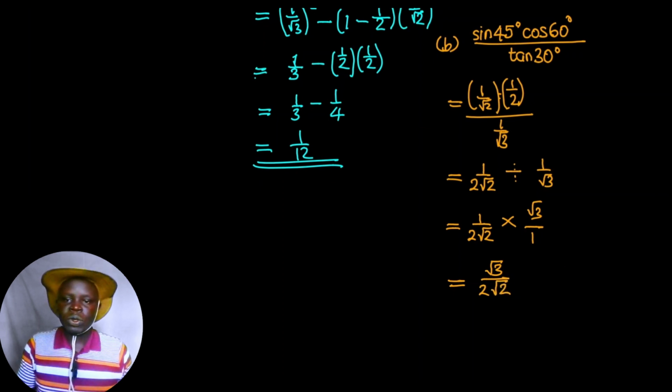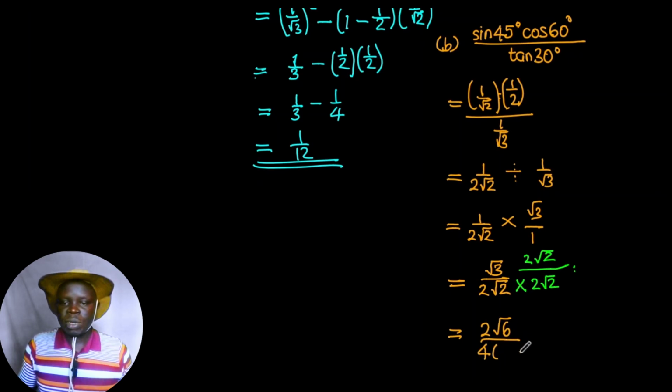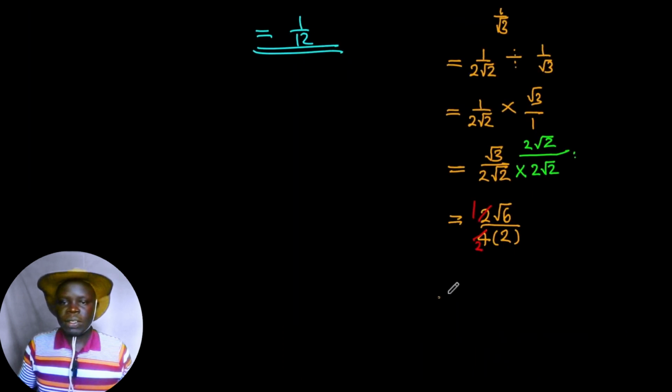And remember, it's also good to rationalize the denominator, so you multiply both the denominator and numerator by root 2. From here you multiply and have root 6 over 4, since 2 root 2 times root 2 is 4. And that becomes our answer.